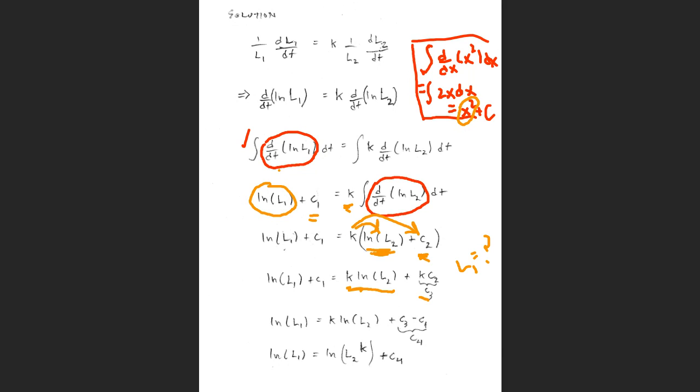On the next step, I'm going to get the natural log of L1 alone, which means I have to subtract C1 from both sides. So on the right-hand side, I'm going to have C3 minus C1, which I'm going to call C4. See how I keep renaming the constants?